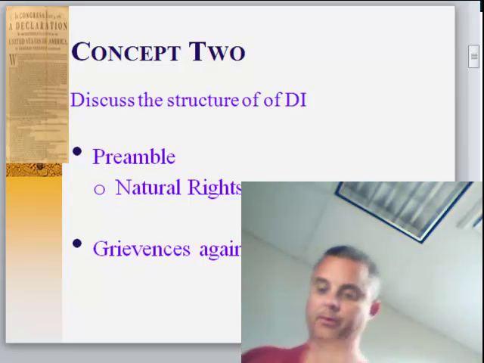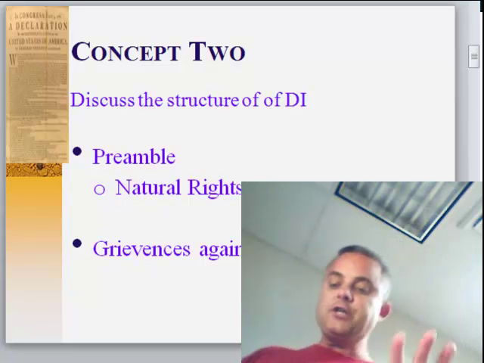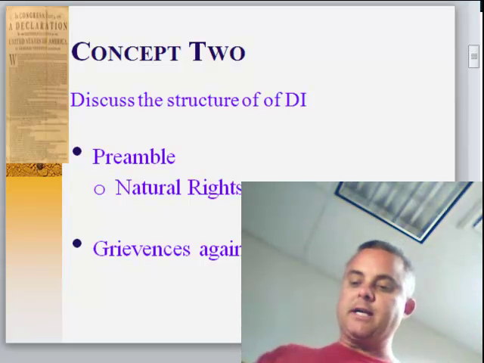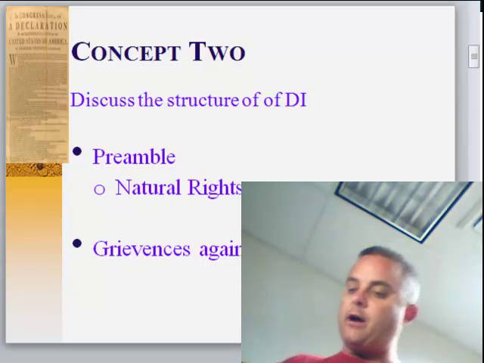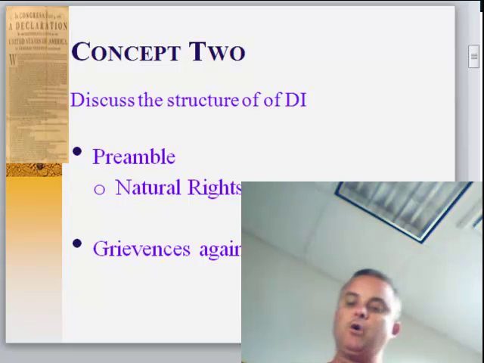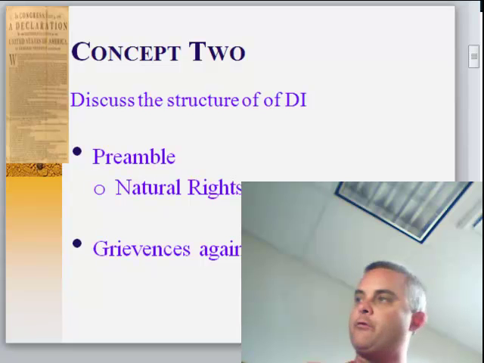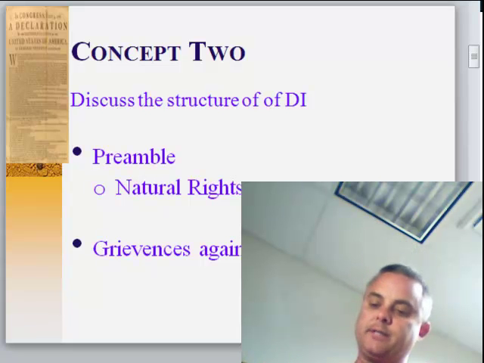So this is where it's going to go with this. First, the preamble states that governments must rest upon the consent of the governed, for they are set up to protect certain rights of life, liberty, and the pursuit of happiness, as we're well aware of the phrase in the Declaration of Independence.